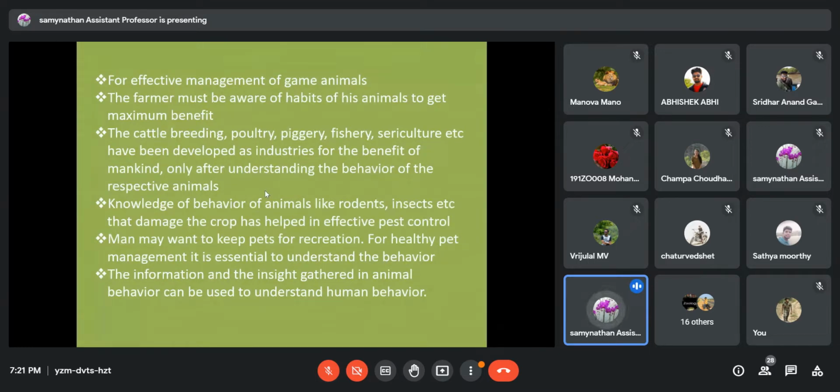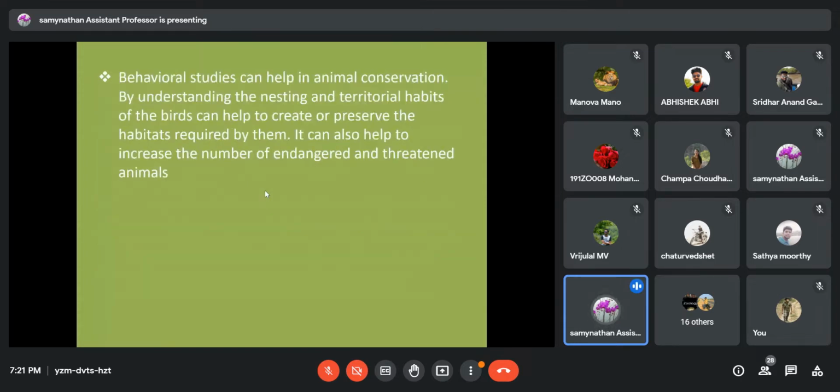The information and insight gathered from animal behavior can be used in conservation, by understanding the nesting and terrestrial habits of birds and helping create the habitat required by them.